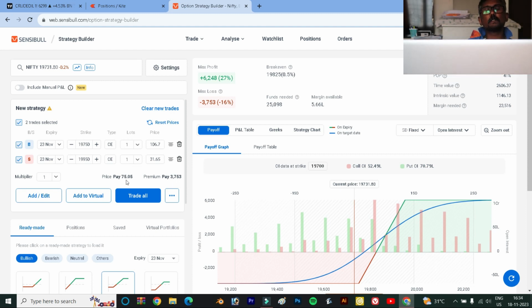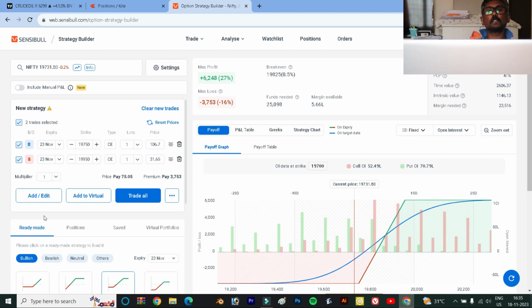What is the difference? 106 minus 31.65 means we have paid 75 rupees. 75 into the lot size, which is one lot of 50 quantity. 75 into 50 is the premium we have debited, around 3,753. That will be the maximum loss you can see here. That is the maximum loss.